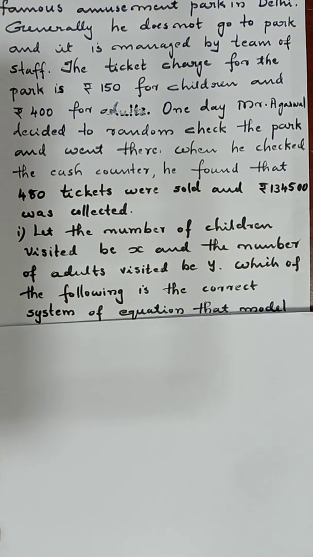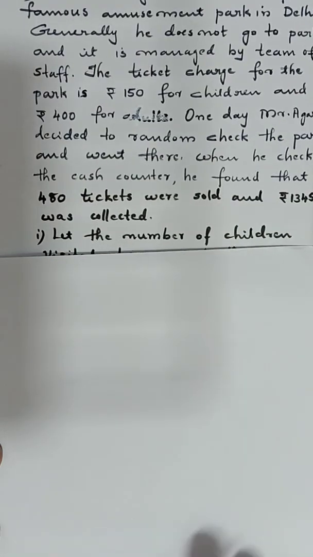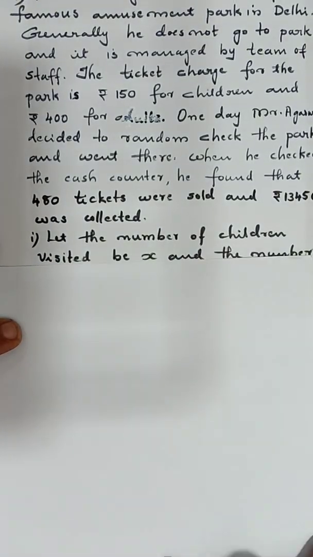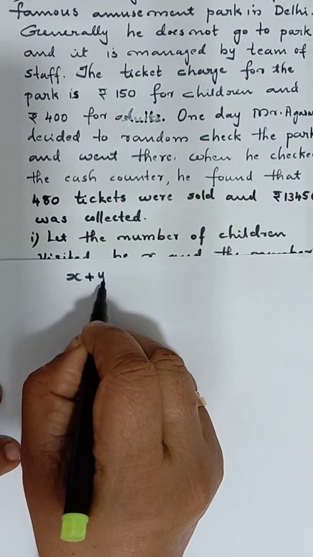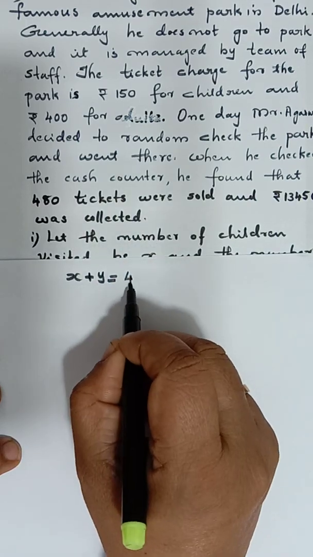Okay, let us write the equation. As it is given, X is the number of children, Y is the number of adults. So the first equation itself is X plus Y, total number of people, 480 tickets.